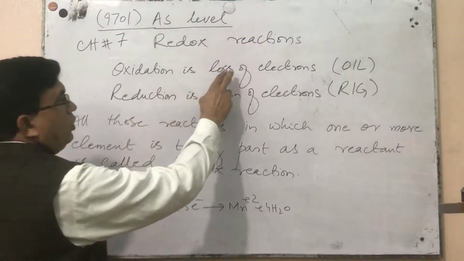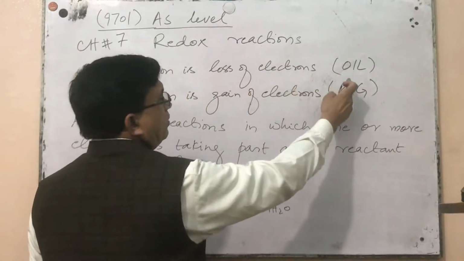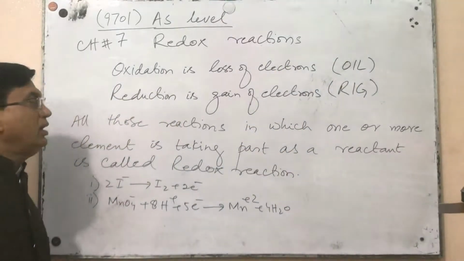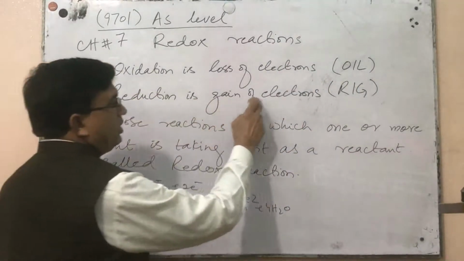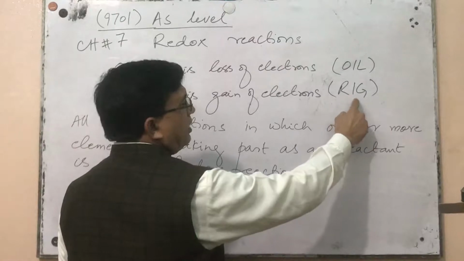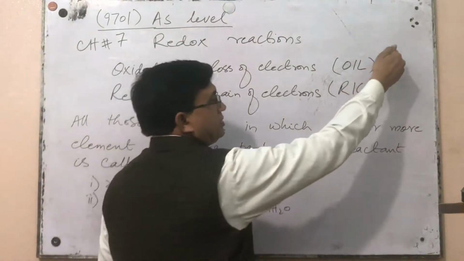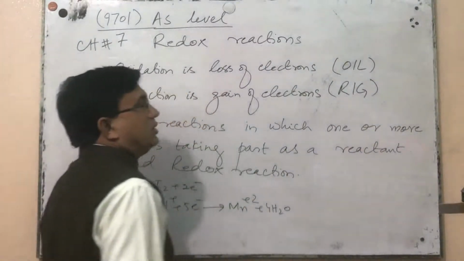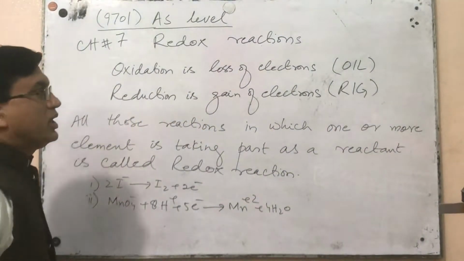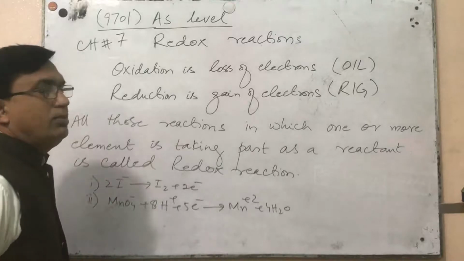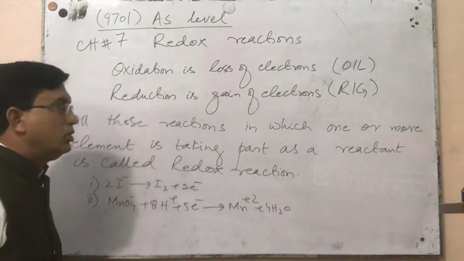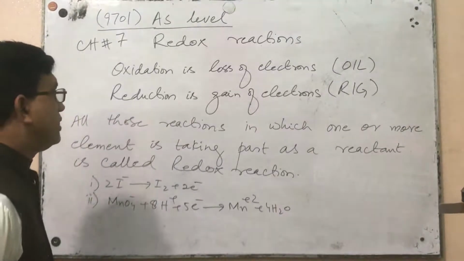Oxidation is loss of electron, meaning OIL, and reduction is the gain of electron, meaning RIG, OIL RIG. These simple two words, making one word, can be used quite easily to remember the definition of both oxidation and reduction.